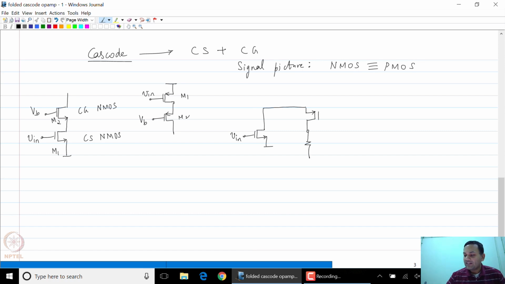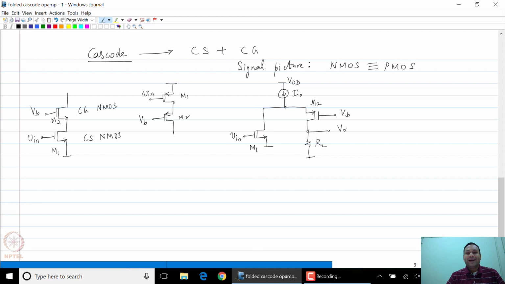Maybe there is a load resistance RL, which I'll show like this. Now you also need a bias current source for these 2 transistors, and that will be shown as a current source from VDD. Let us say this is some I0, and of course the gate of the PMOS transistor M2 is connected to some bias voltage VB.